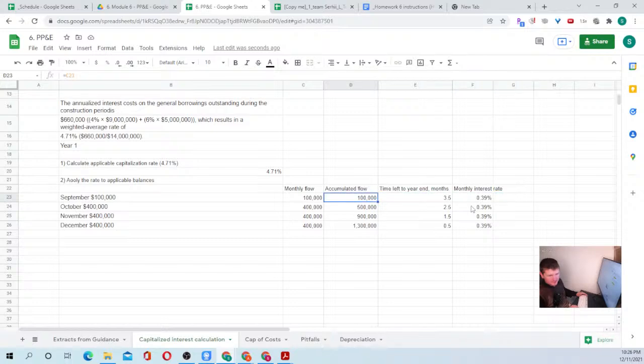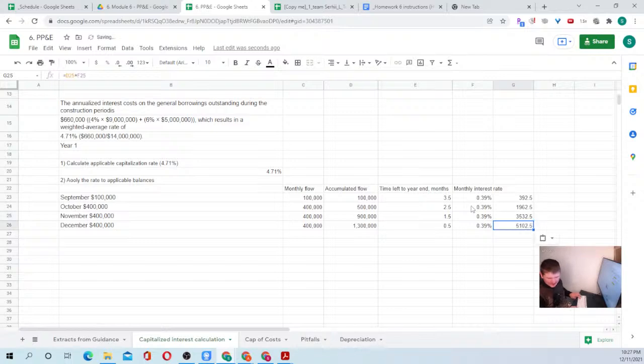So that value, we got it on September 15 and it increased on October 15. So basically I can take that for 1 month. Then I have this one for 1 month as well. Then I have this balance for 1 month as well. And that balance, the highest balance in December, it kept for half a month.